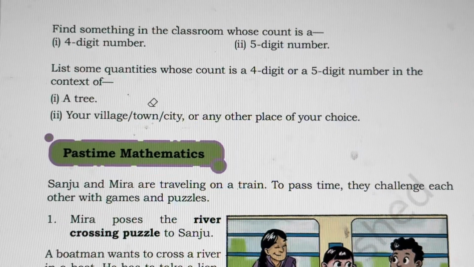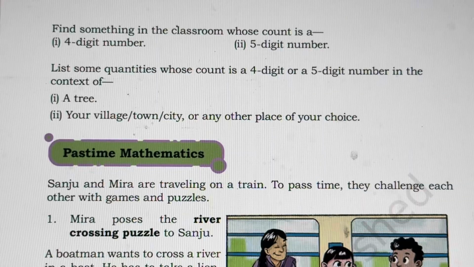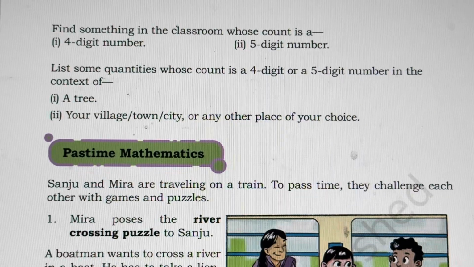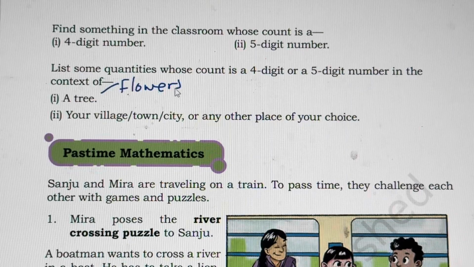Now list some quantities whose count is a 4-digit number or a 5-digit number in the context of a tree, right? So in trees, what do we have? We have leaves, we have flowers, and also branches. If you consider branches, they will be a little less. So you have to think of various things. Suppose we consider flowers. Flowers cannot be 5-digit. It may be in some trees, but leaves will surely be a 5-digit number.